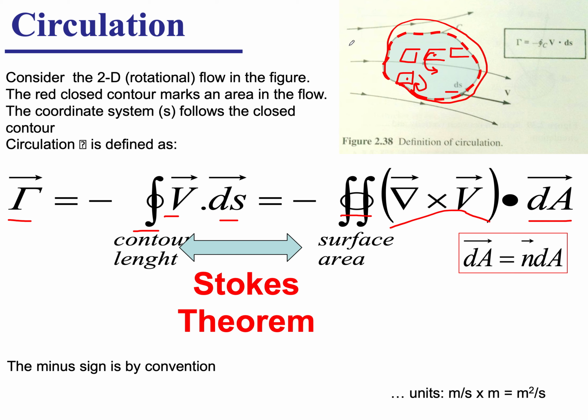So here is a simple example. Let's say my contour is this rectangle. This is distance capital Y, that's still capital Y, and this is distance capital X, and this is distance capital X, and my velocity here is u1, and my velocity here is v1, for instance, and here it will be u2, and here it is v2.